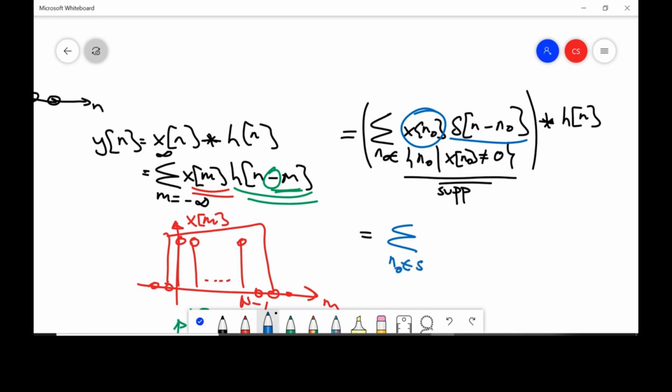So for all the points that belong to the support of x, you have x of n0, and then your kernel is placed in that location. So you have a sum of your kernel displaced to the locations n0 and then multiplied by the input signal at that point.